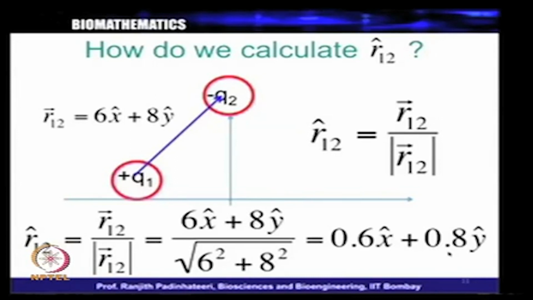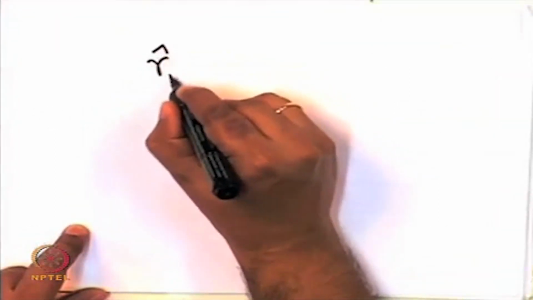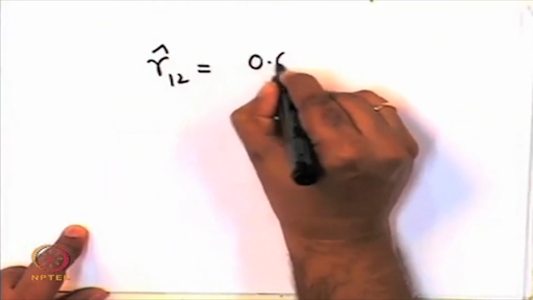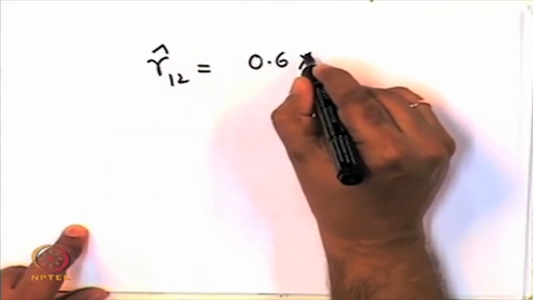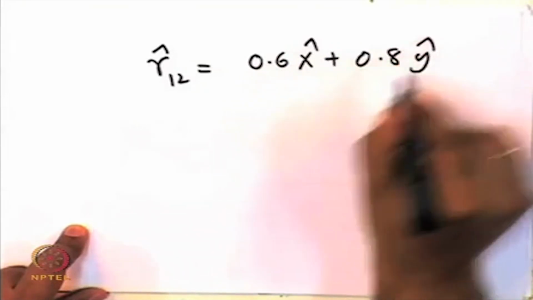Let us quickly check whether r12 cap is a unit vector or not. We got r12 cap as 0.6 x plus 0.8 y.